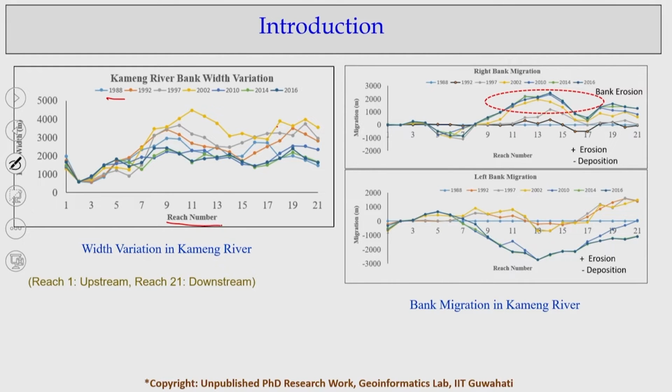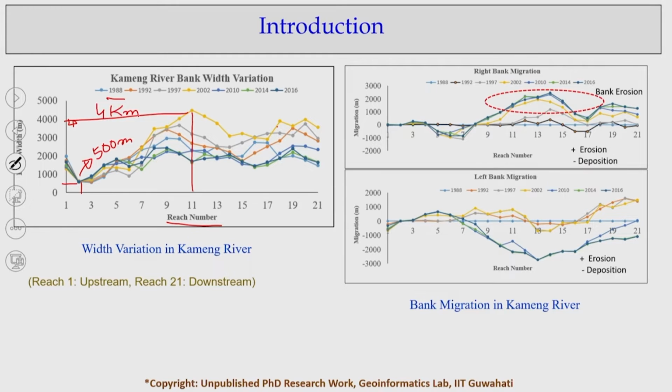You can see that each year there is variability in the width of the river, from the left bank to the right bank. In some locations the width goes as high as about 4 kilometers, which is quite interesting, and in some cases it goes as low as 500 meters.